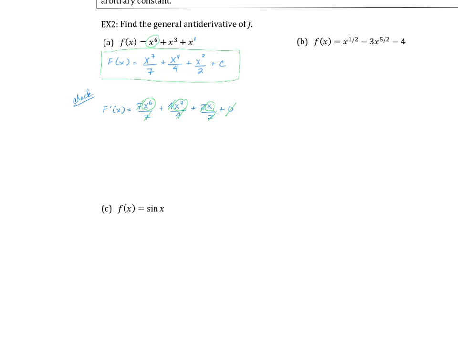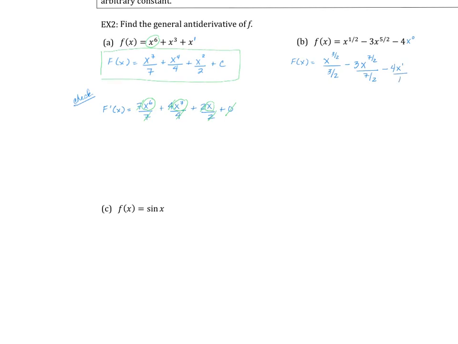In example B, if I want to find my antiderivative, I'm going to add 1 to the exponent to get x to the 3 halves, and I'm going to divide by 3 halves. Minus 3, x to the 5 halves, I'm going to add 1 to the 5 halves to make it x to the 7 halves, and divide by 7 halves. Minus, remember this 4 is times x to the 0, so the 4 stays, it's x to the 1 over 1.